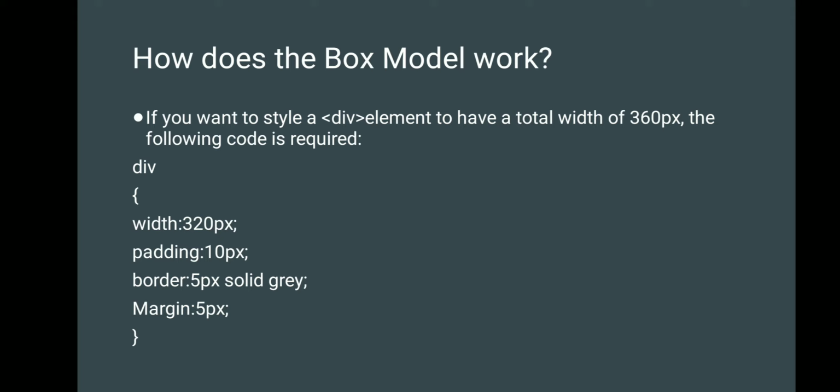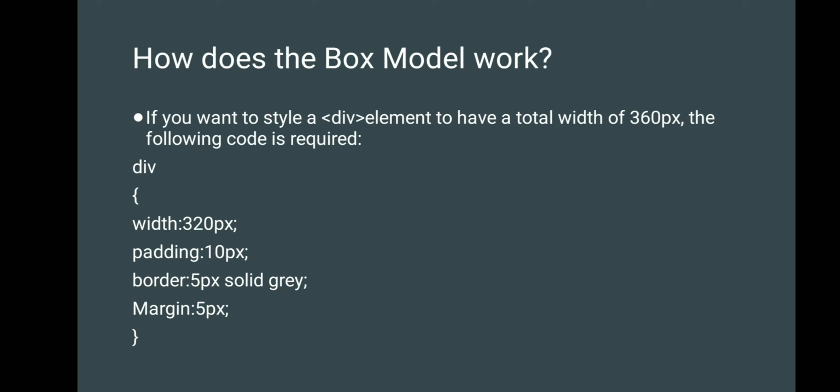So here, when I add the width 320 plus 20 overall padding plus overall border value 10, plus overall margin value 10, if we add all these values, the total value will be 360 pixels. So that is the width of the division element. Similarly, we can calculate the height of the division element.